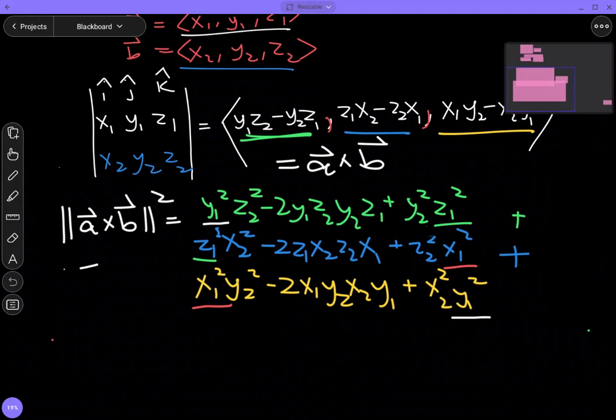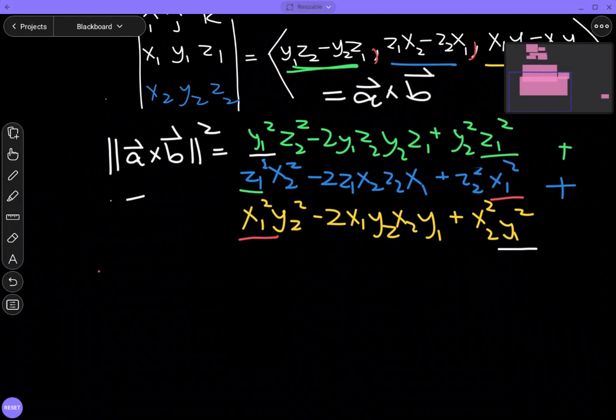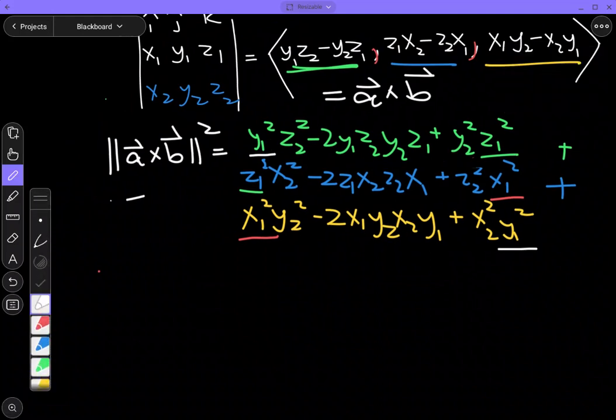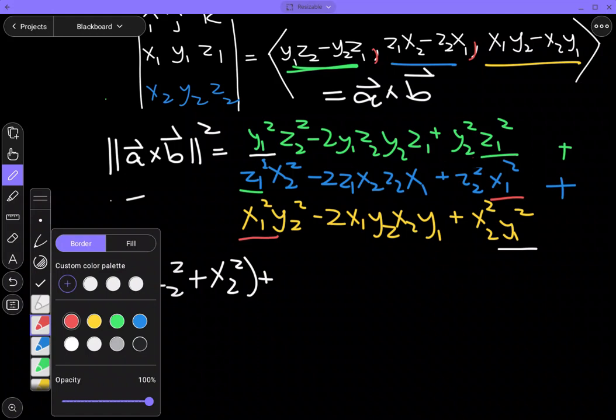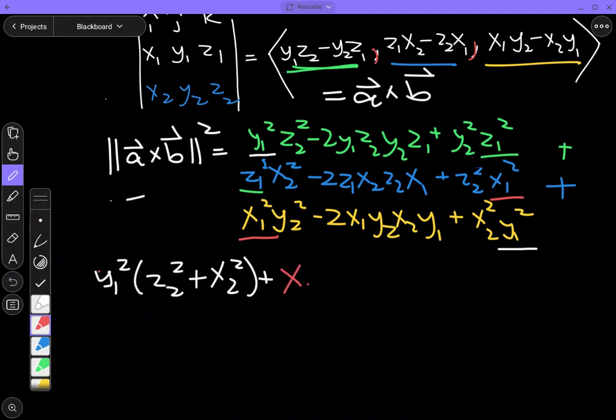If you do that, you can rewrite it as, I'm going to use white, factor out y1 squared, and you have z2 squared plus x2 squared. Plus, in red, we factor out x1 squared, so we have z2 squared plus y2 squared.